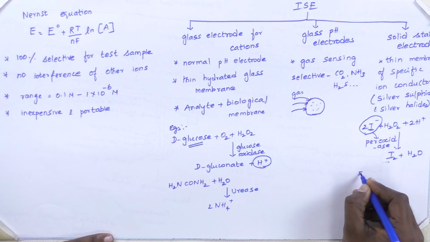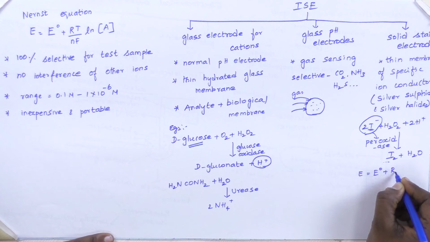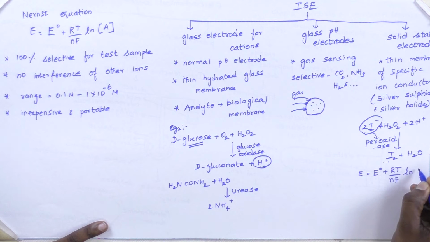The Nernst equation can be written as E equals E naught plus RT by nF into ln of [I], that is, the concentration of uncomplexed free iodide species. An advancement of ion selective electrode is the ion selective field effect transistor and metal oxide field effect transistor, which will be discussed in upcoming classes.